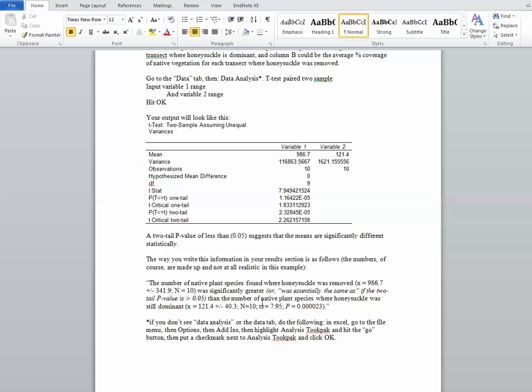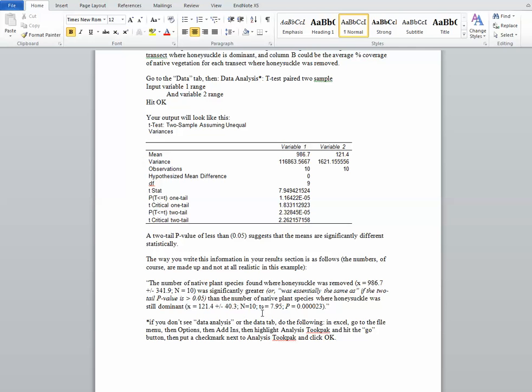Then, now this is really important, look at this. Then a semicolon, t, because this is a t-test, and a subscript with a 9. That 9 is the degrees of freedom right here. For our last example, the degrees of freedom were 3. For this example, the degrees of freedom is 9.